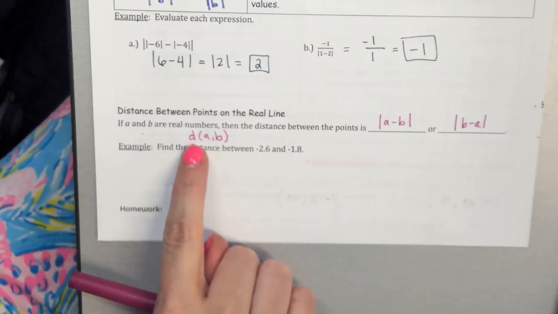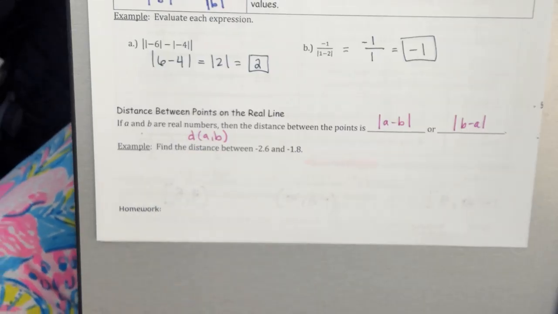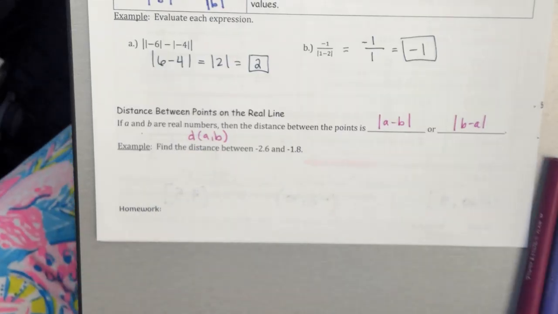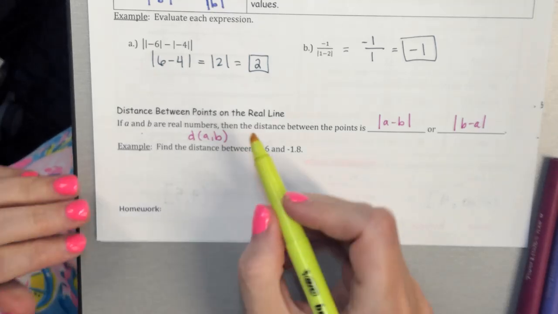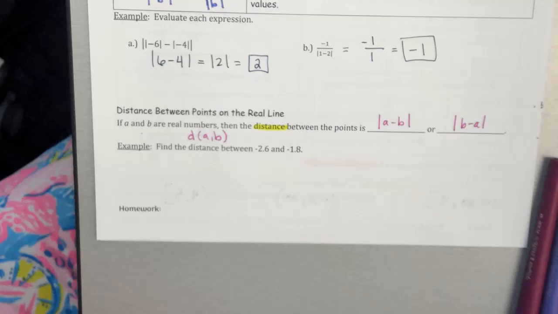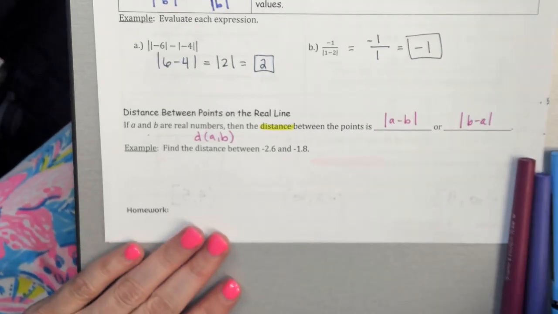So if they say the D and then they have that AB here, that means the distance between those 2 points. So you're going to find the distance between -2.6 and -1.8. Okay, and remember we're doing that without a calculator. So you can choose if you want to do A minus B or B minus A.